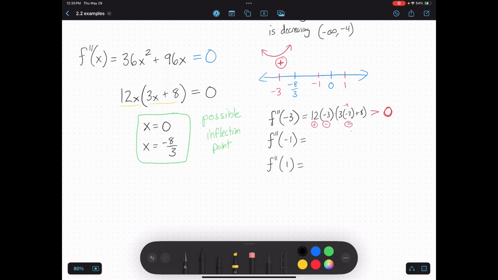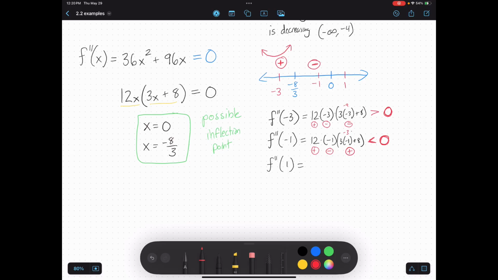Okay, what about -1? I have 12 times -1 times 3 times -1 plus 8. This term is positive. This term is negative. 3 times -1 is -3. -3 plus 8 gives me a positive value. So now I have a positive times a negative times a positive, which overall is a negative number.